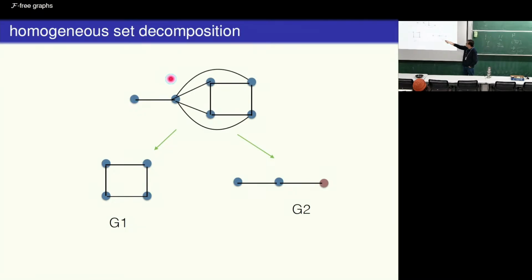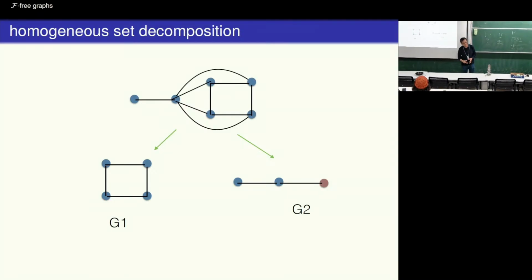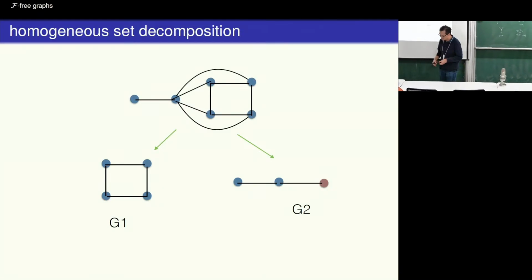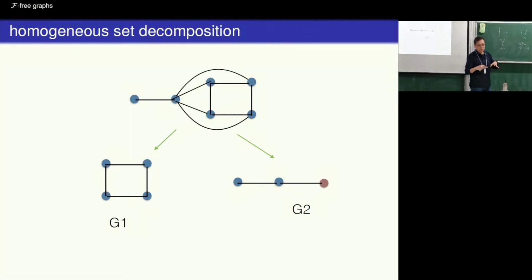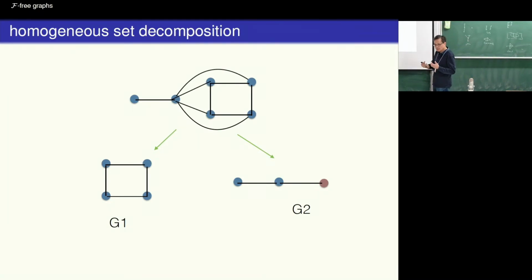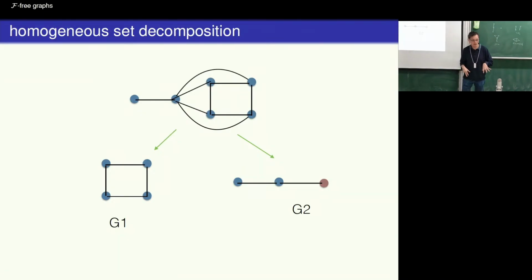So this vertex sees everybody in the C4, this vertex sees nobody. That's called a homogeneous set. When you have a homogeneous set, you can decompose the graph in a natural way and recursively solve your coloring problem or your clique problem in the smaller graph.